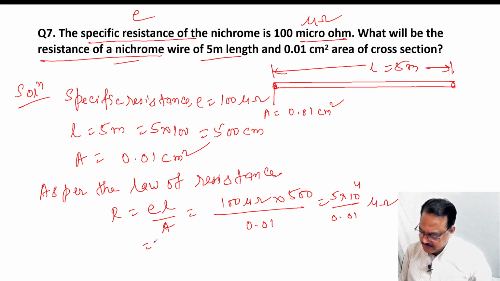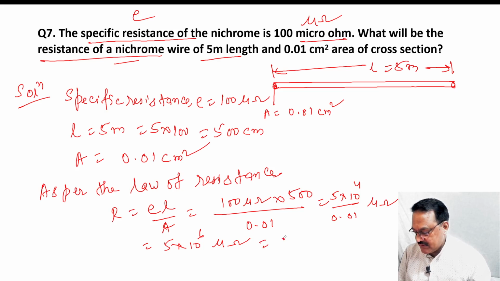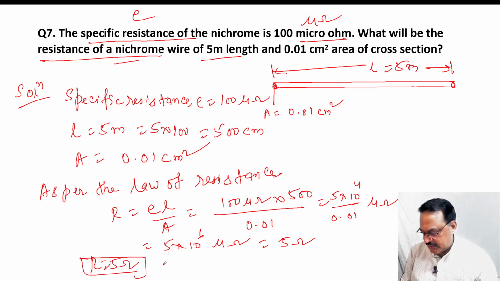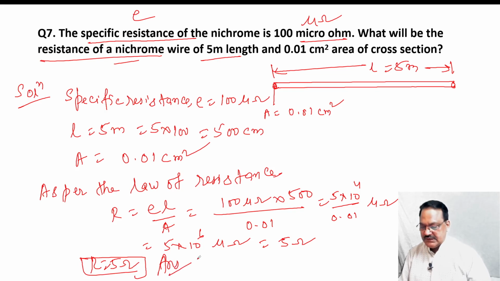Okay, further we can solve this. 5 into 10 to the power, it will become 6, 10 power 6 micro ohm. Just divide by 10 to the power 6, it will come out to be 5 ohm. Okay, what is the right answer? R is equal to 5 ohm, which is to be calculated. This is the answer in this case.